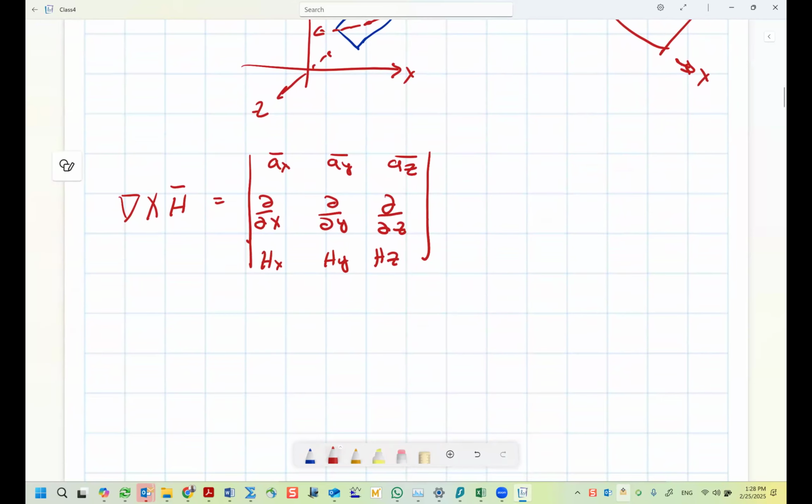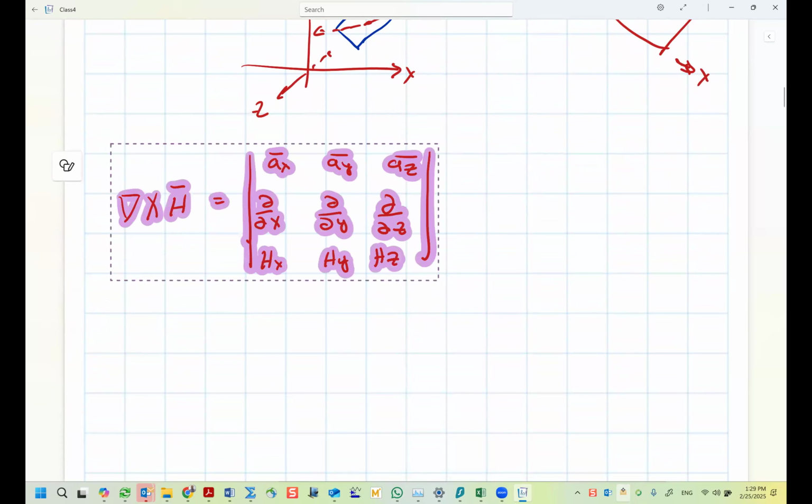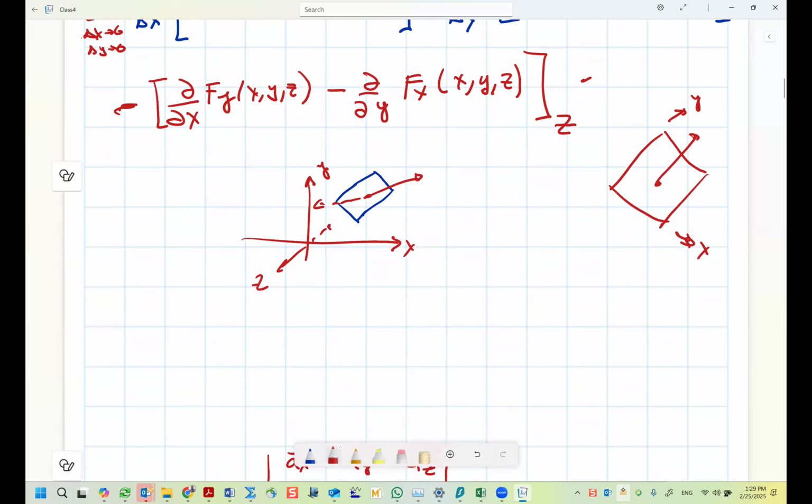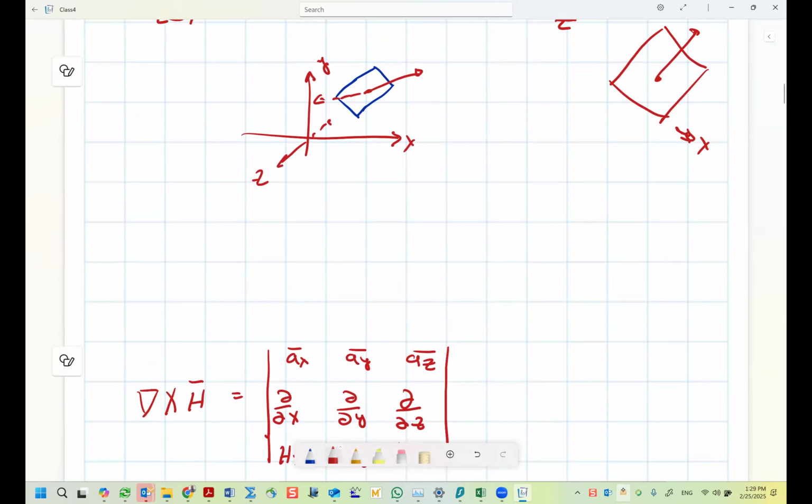That's what it really means. What it really means is, let me actually put it below. Let me lower this. So the way it really is, the first component over here, we will put d/dy of hz minus d/dz of hy, and this is in the direction x.